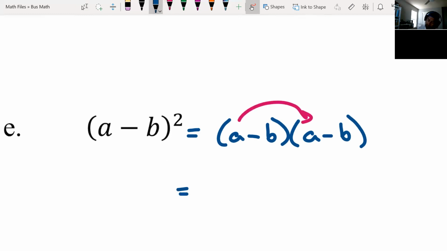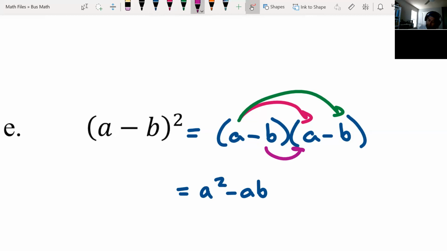A times a is a squared, minus a times b, a times negative b, which will give me negative ab, and then negative b times a gives me negative ba or ab, does not matter how you write it.